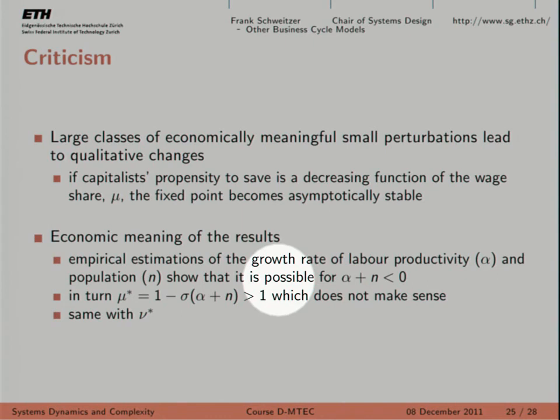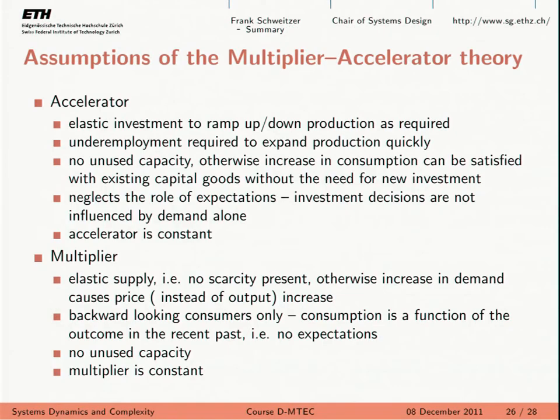All right, we're almost at the end. Well, I still have 1 minute, so let's keep this clock. I just want to mention a few general assumptions about the multiplier accelerator theory. You know, all the models so far except the last one had multiplier and accelerator in it. And I've tried to summarize the most important ones.